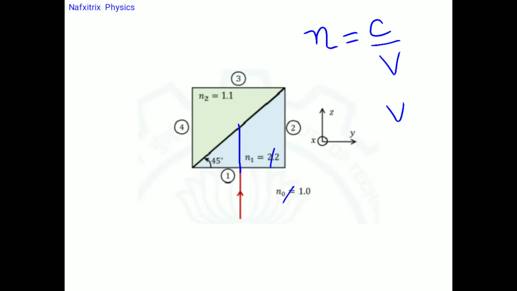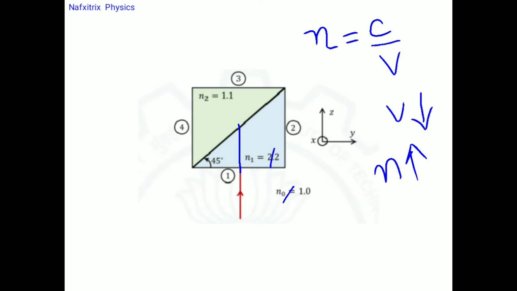As the value of velocity decreases, the n value increases because it is in the denominator. So the more the n value, the lesser is the velocity of light, and the optically denser is the medium. Optically denser medium means velocity of light is less.